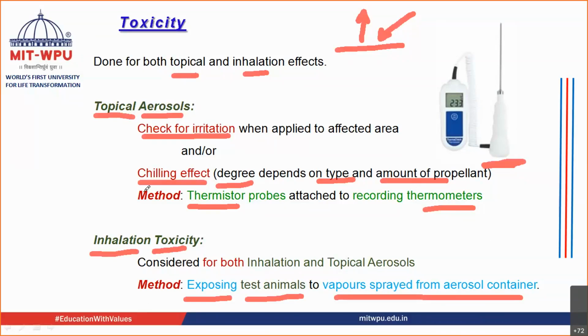So you spray these aerosols in the presence of the animals and you find out whether it is producing any toxicity. This is not only carried out for your inhalation aerosols, MDIs, but this is also carried out for your topical aerosols. For both of them, this test is carried out.